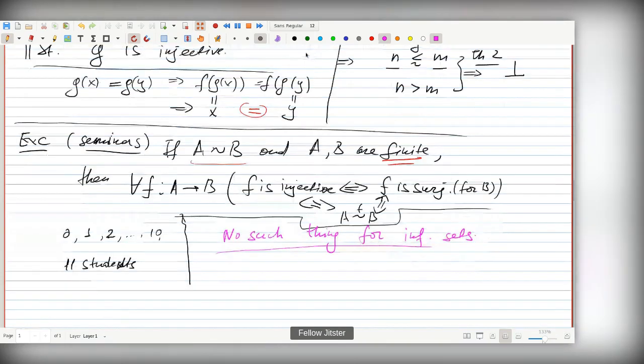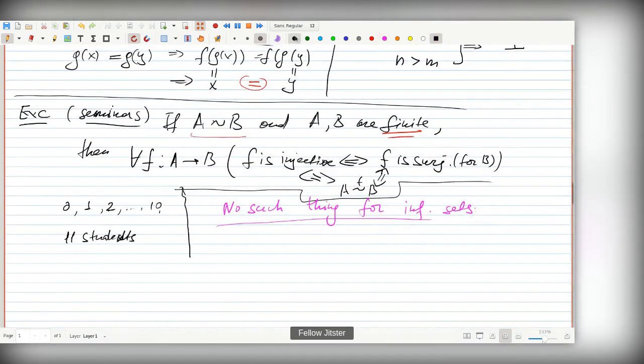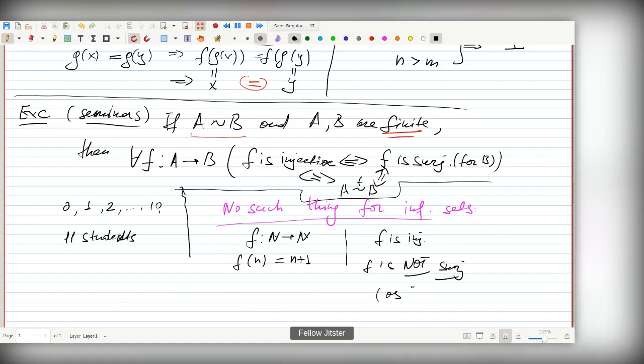For example, we may consider a function f from naturals to naturals, which maps every natural number into the next one. So clearly f is injective, but f is not surjective, as there is no n such that f of n equals 0.